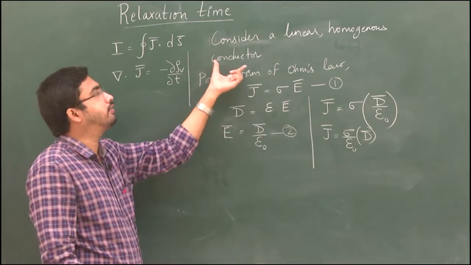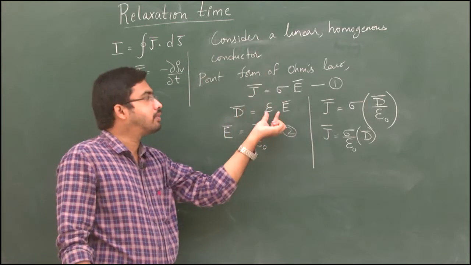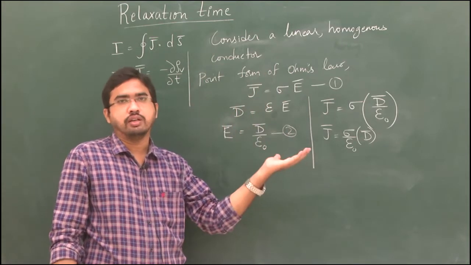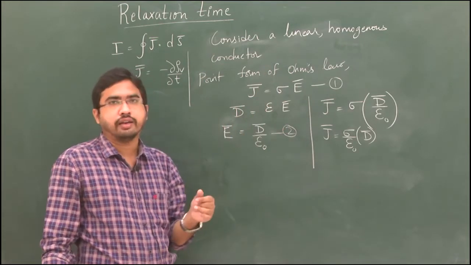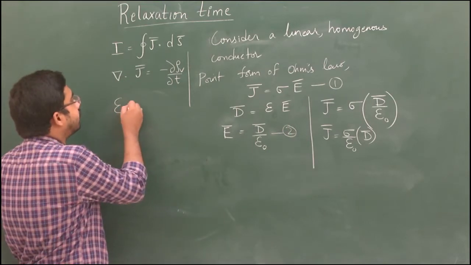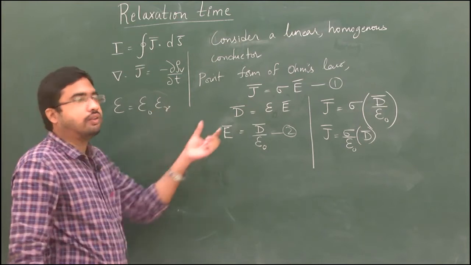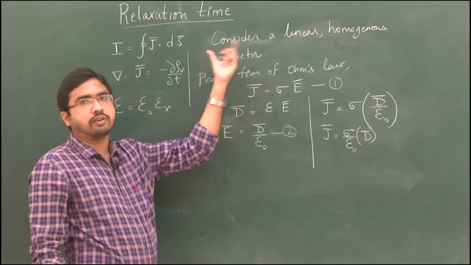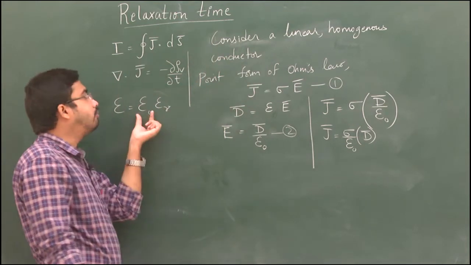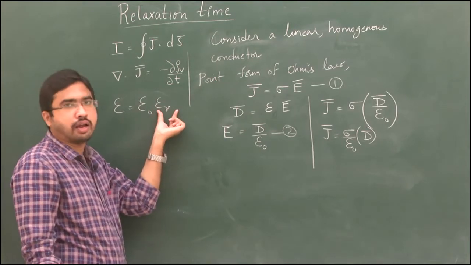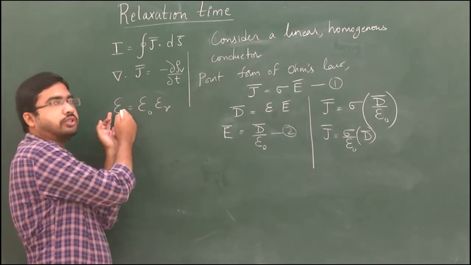If we are taking free space, then epsilon r is equal to 1, so we can take epsilon naught directly. But epsilon is epsilon naught into epsilon r. For any conducting material like copper or aluminum, we will have both epsilon naught as well as epsilon r. So in this place we should substitute epsilon.